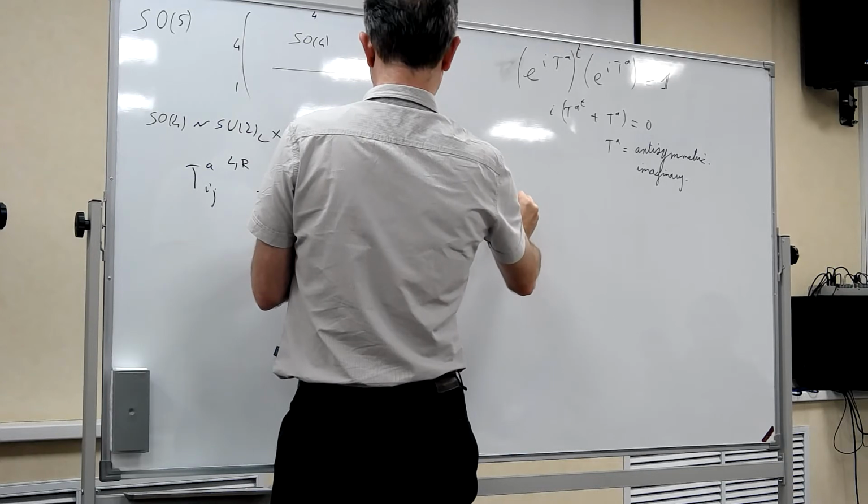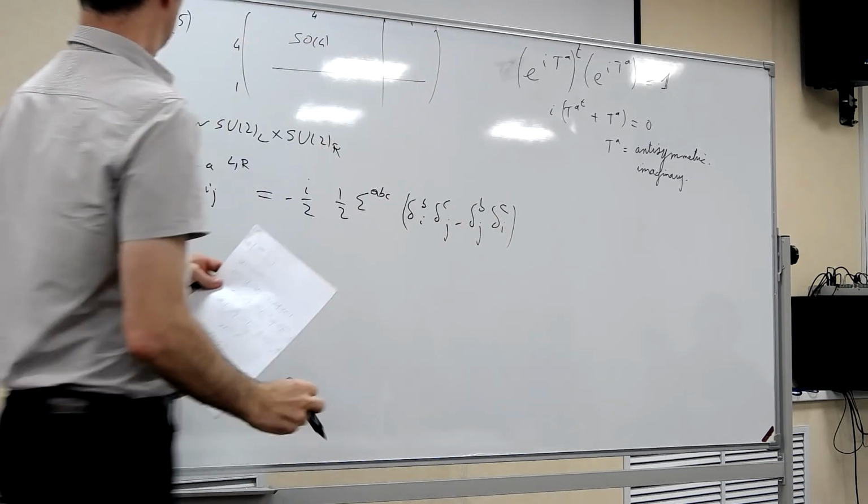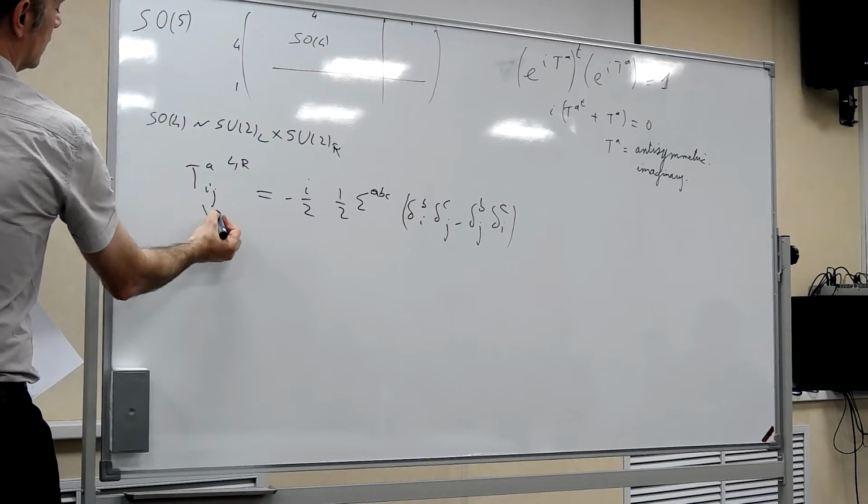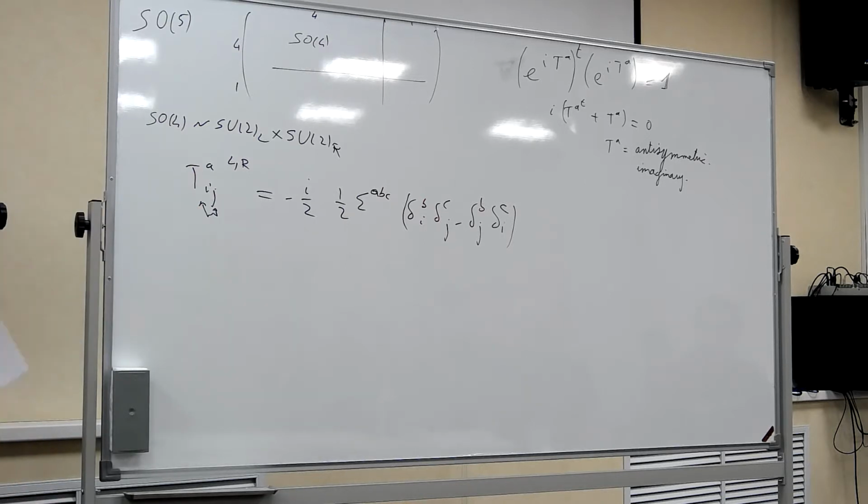So this is T^A. And then you have the elements of the coset, the elements that are broken, SO5 broken to SO4.